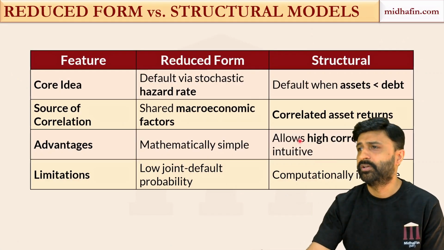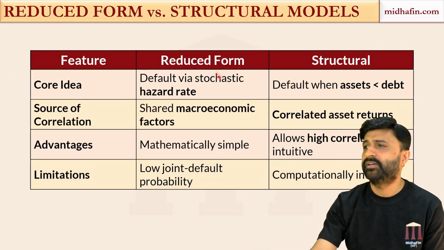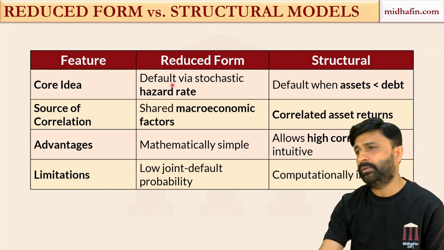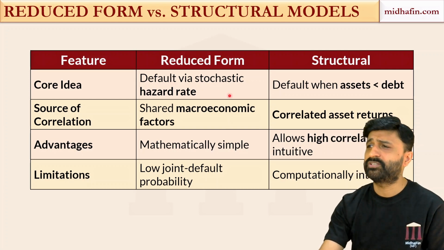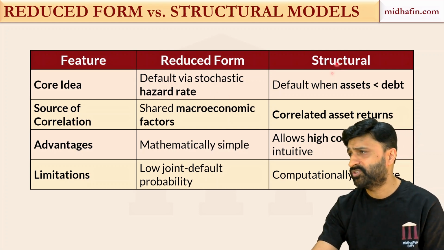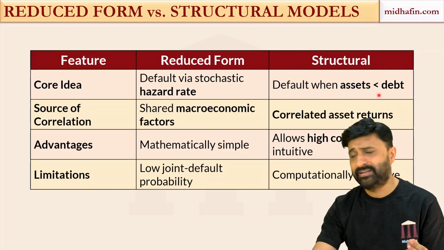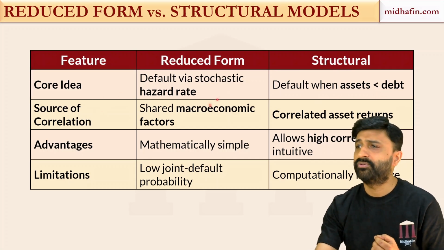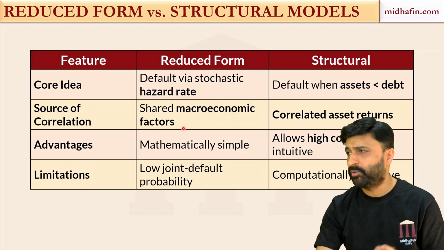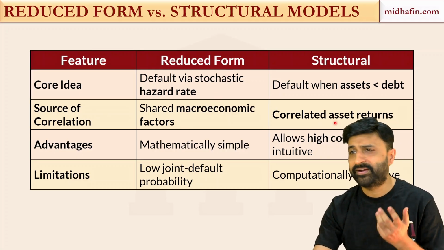of the features. So the core idea for reduced form was that they were modeling default via a stochastic hazard rate, whereas structural models were conceptual in nature, where default happens when the value of the assets is less than the value of the liabilities. The source of correlation for reduced form models was shared macroeconomic factors. Over here, they are correlated asset returns.